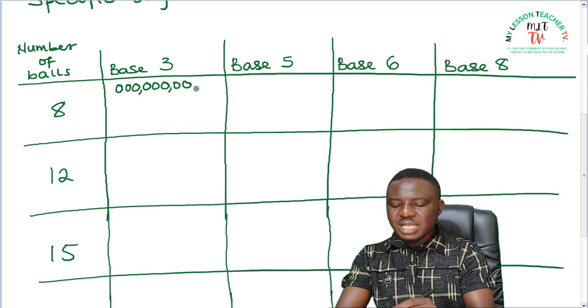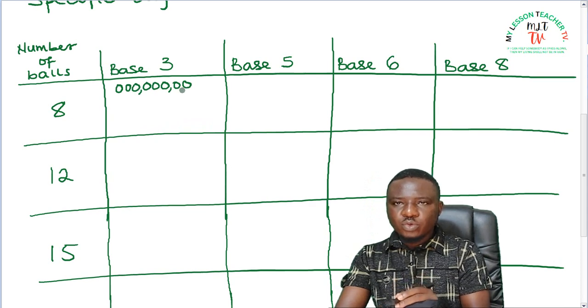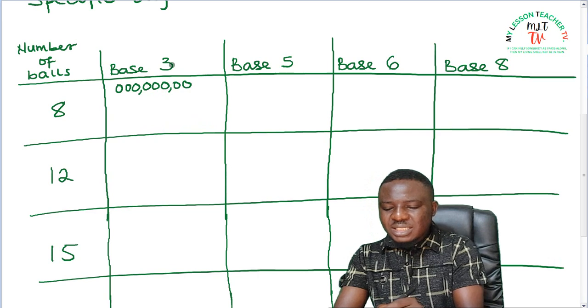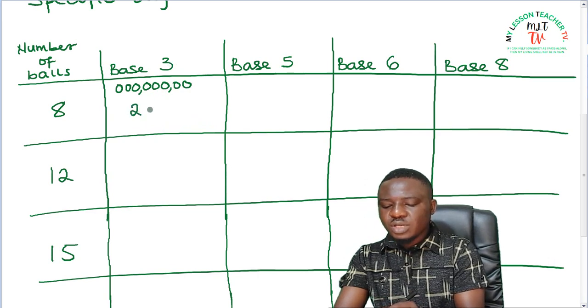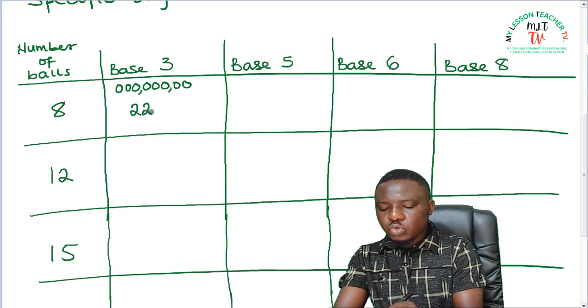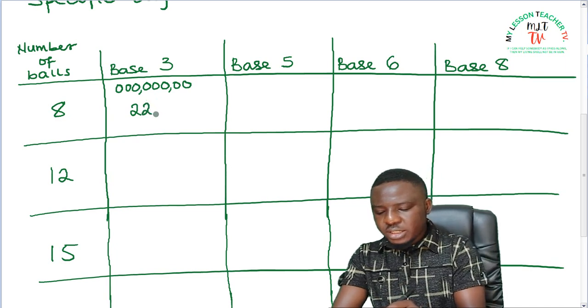So what this means is that I have 2 groups of 3s and 1 group of 2. So expressing this in base 3, it means that I have 2 groups of 3s and 2 remainder. Therefore 8 in base 3 is said to be 2 base 3.